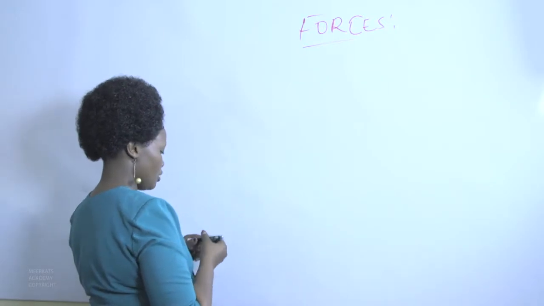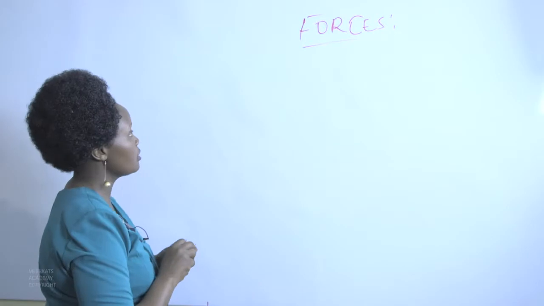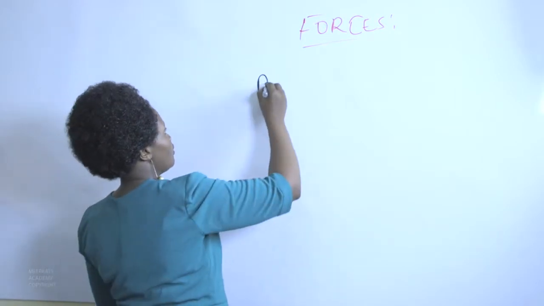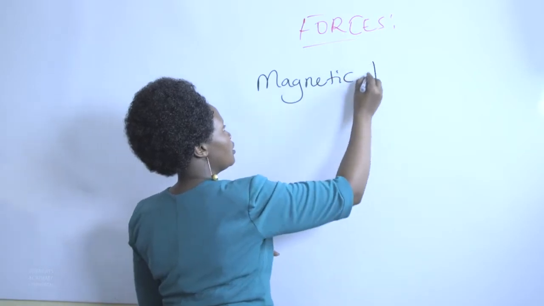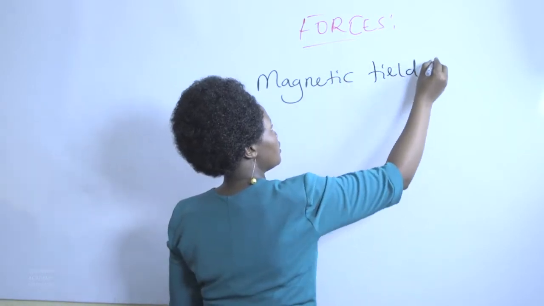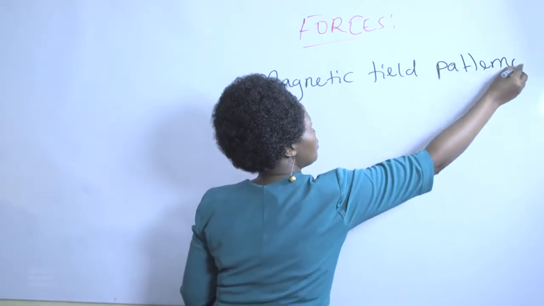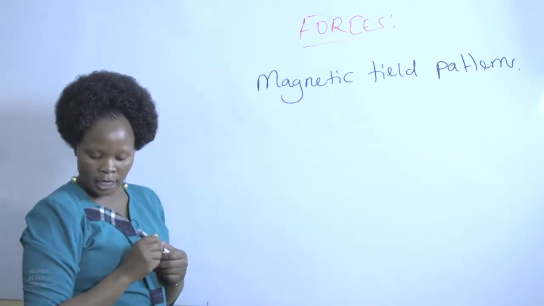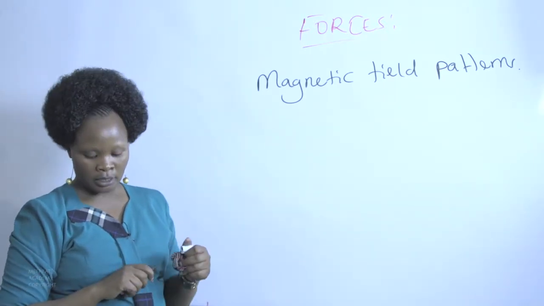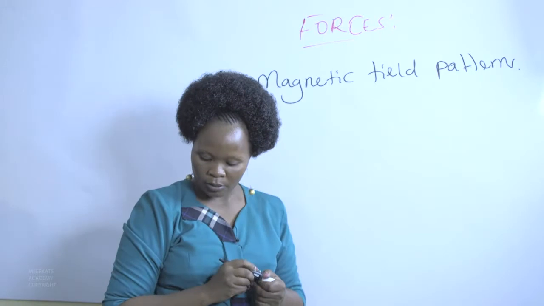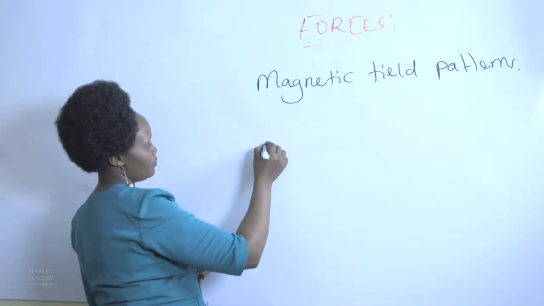And we are going to call them magnetic field patterns. Magnetic field patterns. And we start with the one that we have just demonstrated of a bar magnet.